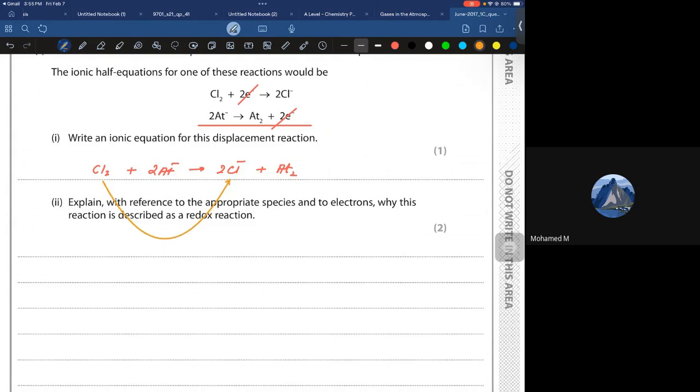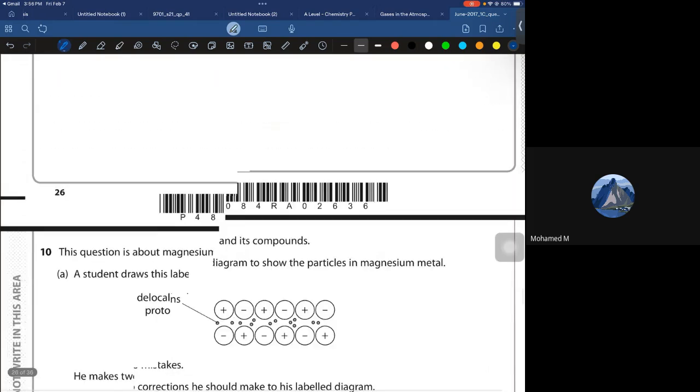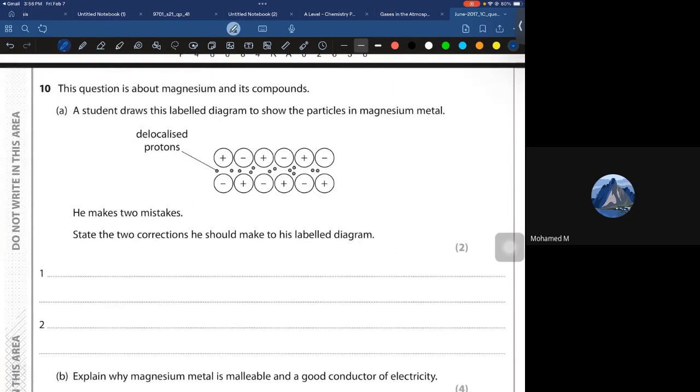Basically, it is going to gain electrons, so it is reduced, and it is going to lose electrons. That's why this is a redox reaction.